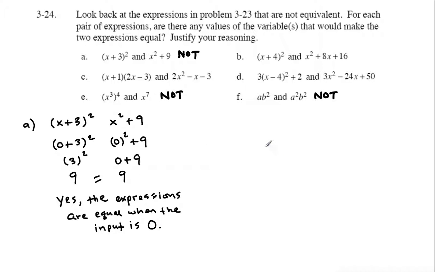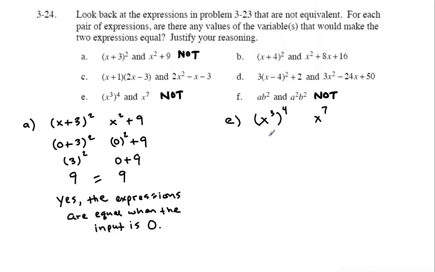Let's try looking at letter E. Letter E, we had x to the third raised to the fourth power, and we were talking about x to the seventh. This is just repeated multiplication over and over and over, and once again, there's some numbers that have special properties when it comes to multiplication.